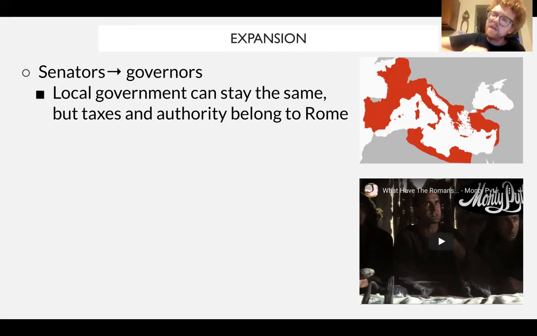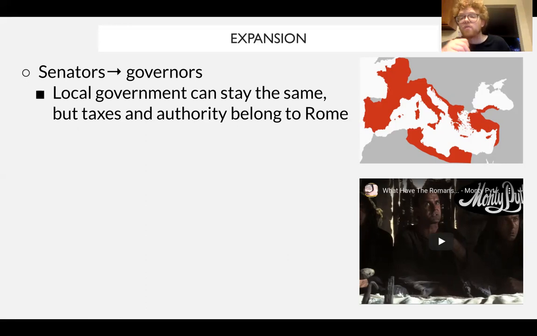But ultimately, at the end of the day, all of these big picture ideas like taxes and military strategy all belong to Rome. So as long as local rulers are communicating with the governor who's sent over to supervise what's going on there, as long as they're sending taxes, as long as everybody's obeying Roman laws, as long as there are no military revolts, basically, you can do what you want.